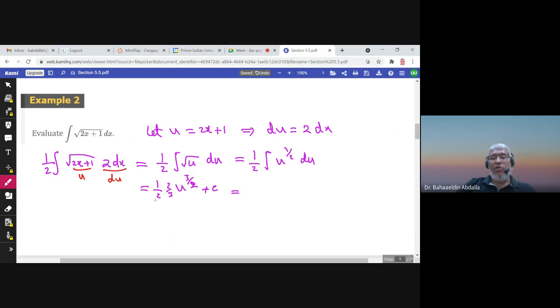So 2 cancels with 2, and we will have 1 over 3. And now I can replace u by x. I go back to x because the question originally was in x. So I replace u by 2x plus 1 and I put the power plus c. So this is the integral of square root of 2x plus 1.